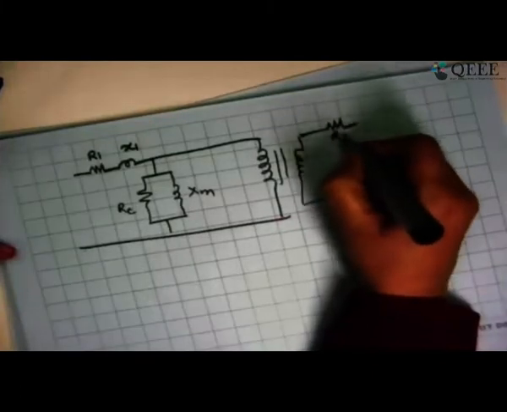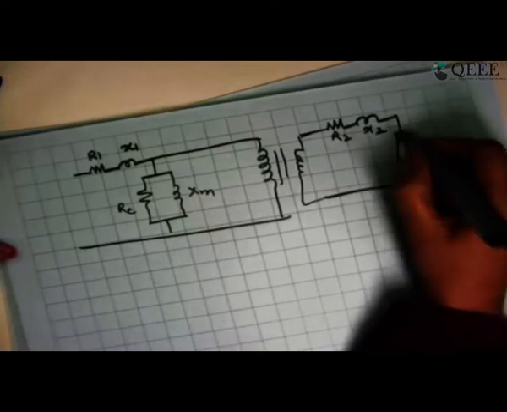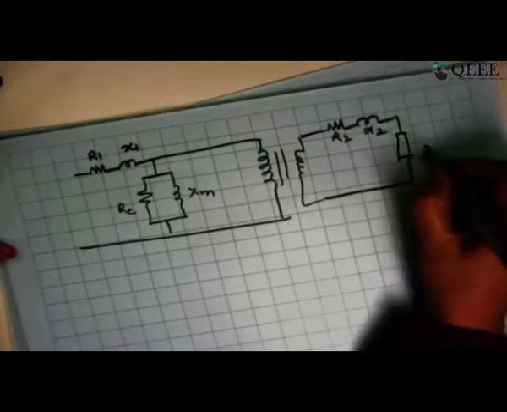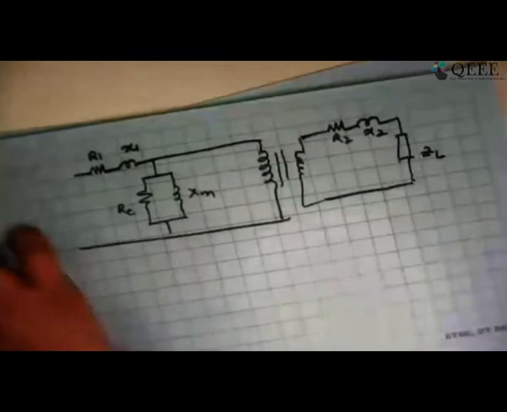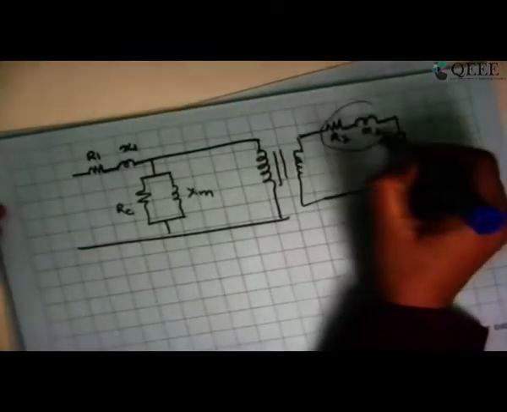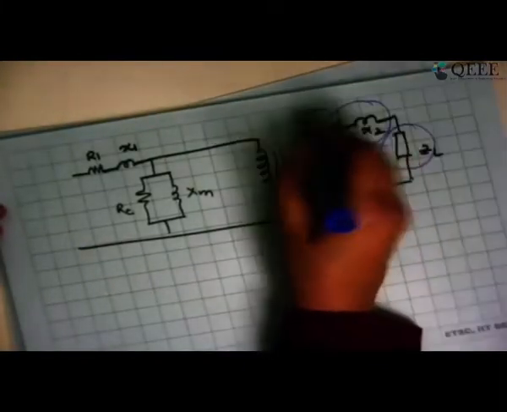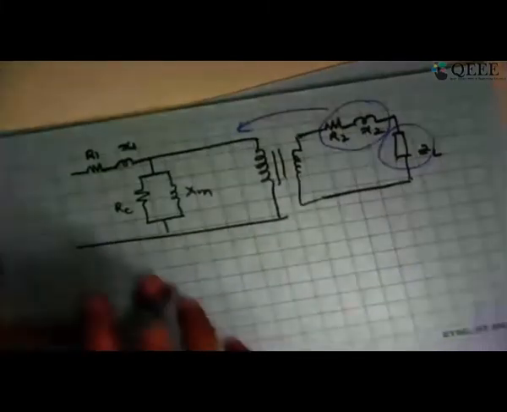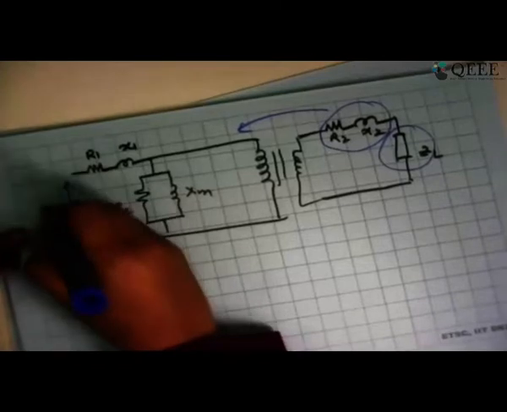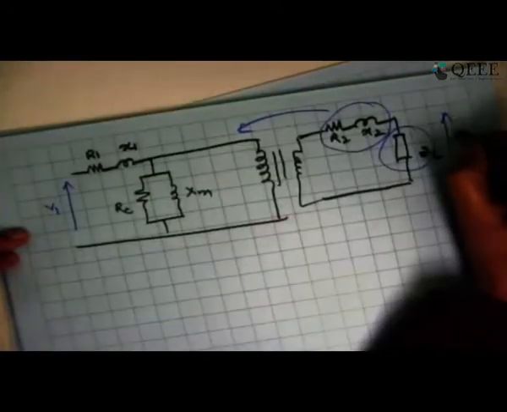I'm going to have R2, I'm going to have X2, and here is my load. I'm calling this as ZL. Now I want to transform all these things into the primary side. So for doing that, I have to use the turns ratio. So I can say that this is V1 and this is V2.